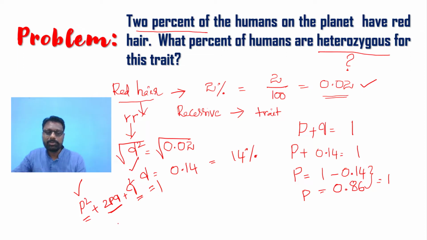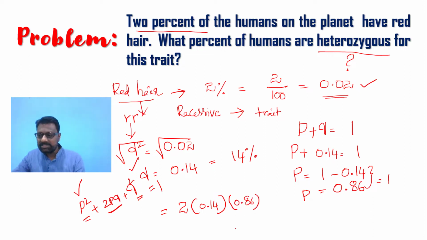When you substitute the p value and q value, we are substituting 2 into 0.14 into 0.86. This is the substitution of your values of p and q to find the percentage of heterozygous individuals. If you calculate, it comes to nearly 0.24.